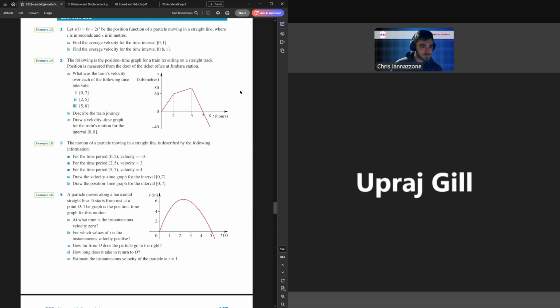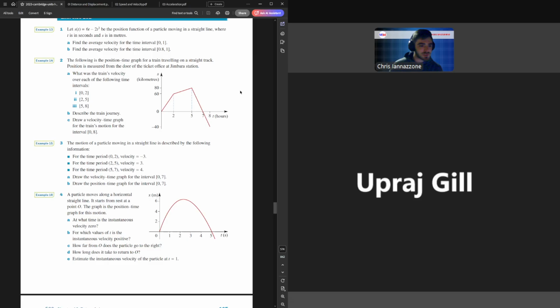Then it traveled away from the origin at a velocity of 20 over 3 kilometers per hour for 3 hours. Then it traveled back towards the origin at negative 40 kilometers per hour for 2 hours. And then again away from the origin.